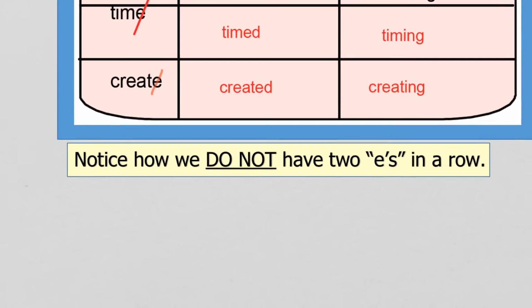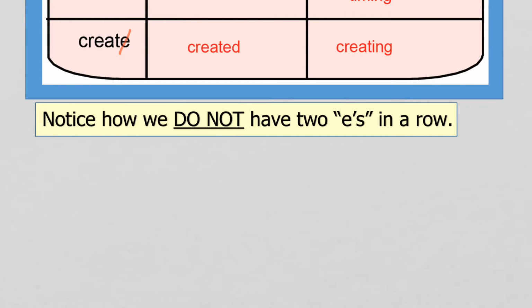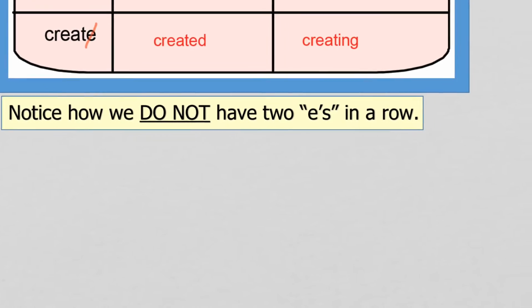Or we look at the word create, right? So we'd first of all drop the E. So we imagine that we're crossing it off, and then we'd add ed to that. And we'd get created, C-R-E-A-T-E-D. Or we could add ing instead of ed, and we would still drop that e.